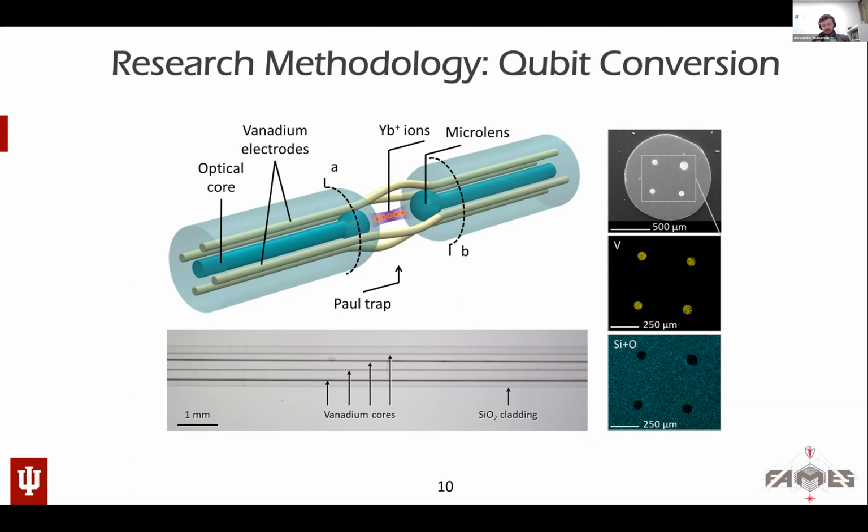That student on one hand needs to very well understand ionic traps and quantum physics and quantum information related to ions, and on the other hand be very hands-on to the extent that they can be called a craftsman, a glass blower. That's almost an artistic work to fabricate such a fiber.